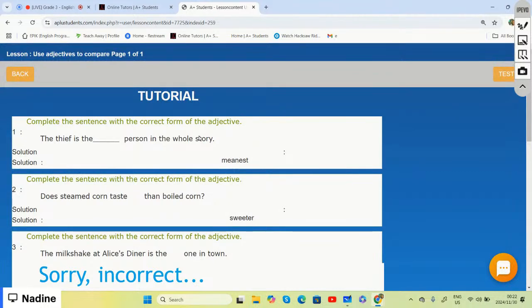All right. Now we need to complete our sentence with the correct form of the adjective. The thief is the blank person in the whole story.